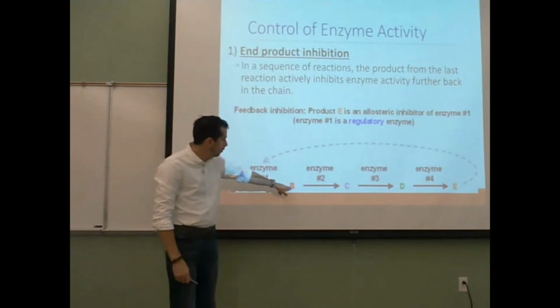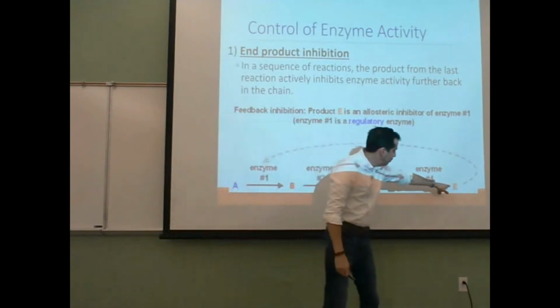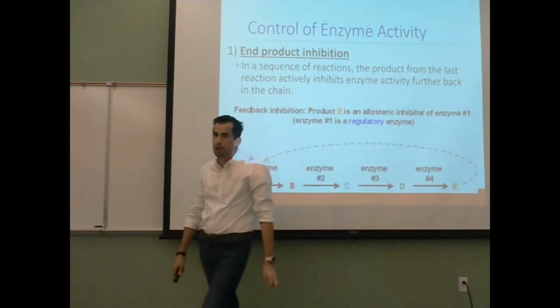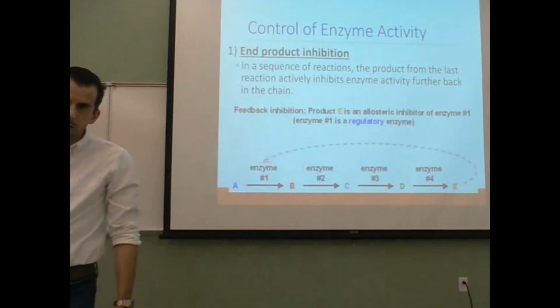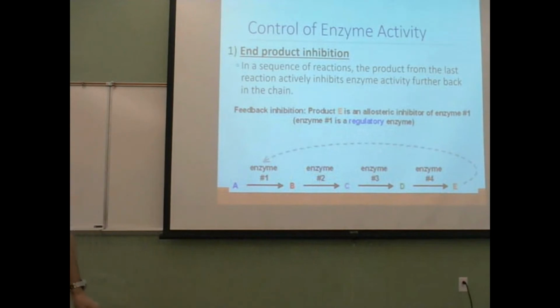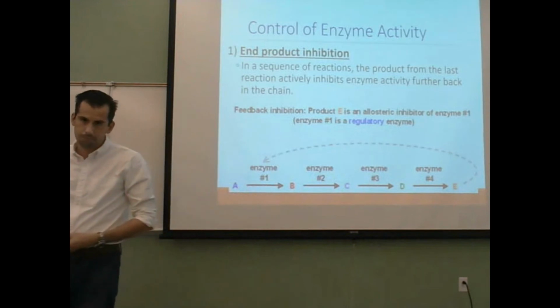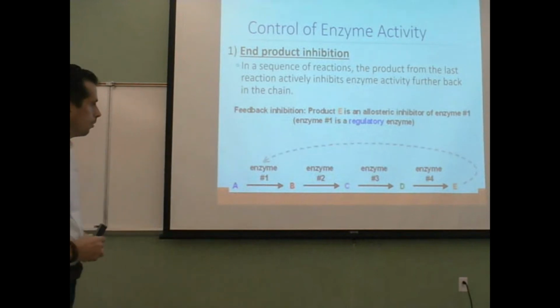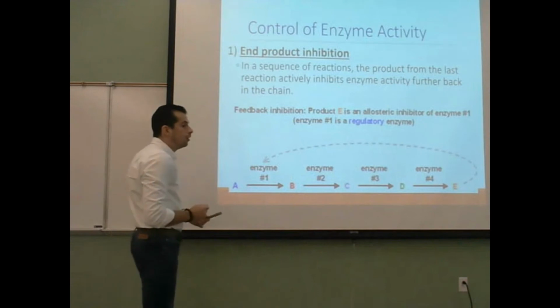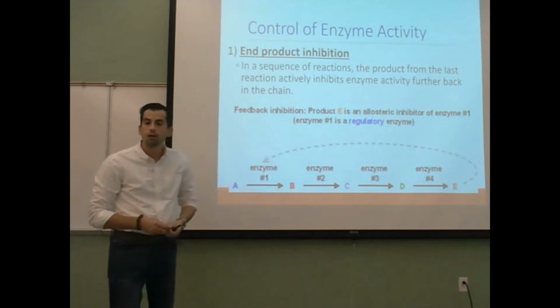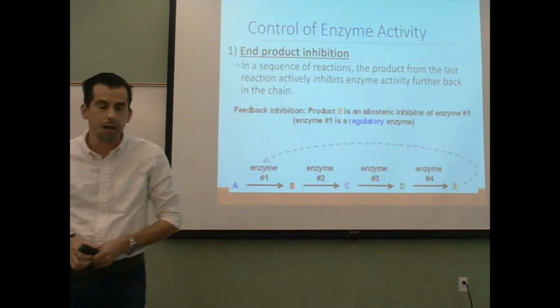This could be glucose, this could be glucose 6-phosphate, this could be pyruvate, and we had individual enzymes controlling each step of the way. So we've already discussed several reaction processes that occur as a cascade of individual reactions. But in either case, the end product inhibits the activity of enzymes further back in the chain.